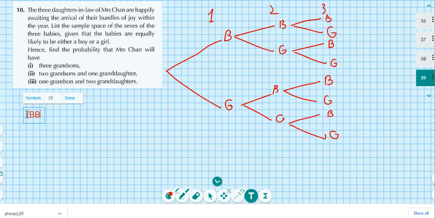Boy, boy, boy, then boy, boy, girl, then boy, girl, boy, then boy, girl, girl, then girl, boy, boy, then girl, boy, girl. So total 8 branches. Then girl, girl, boy, and finally girl, girl, girl. So this is the sample space.